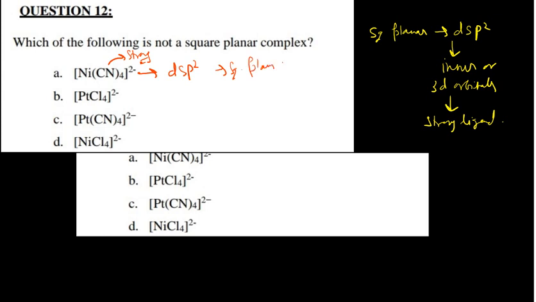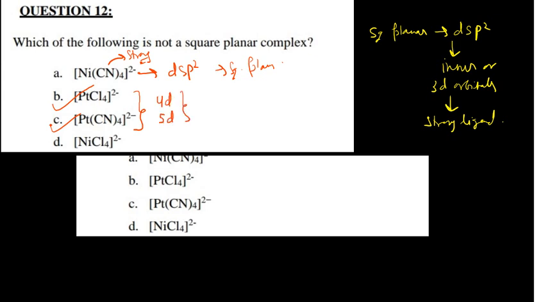Okay, then moving to the next problem. These are the platinum complexes. So remember one thing very important. It doesn't matter whether you have a weak ligand or a strong ligand, but if you have 4d and 5d metals, it's a trick.